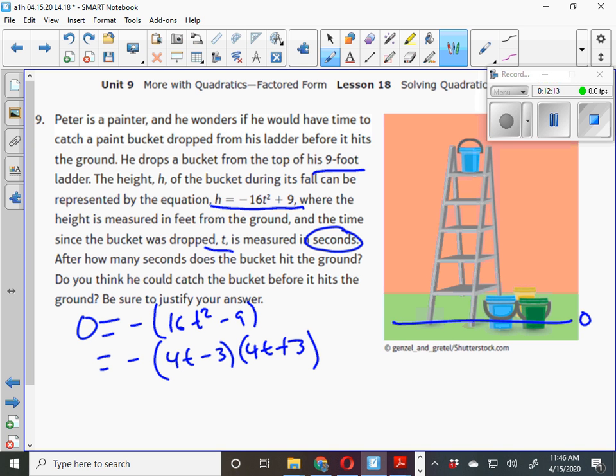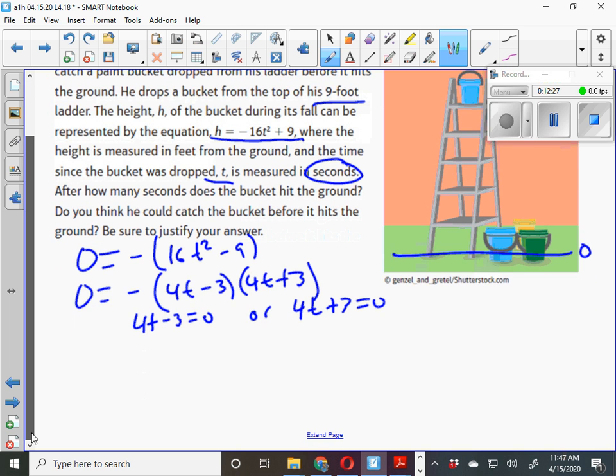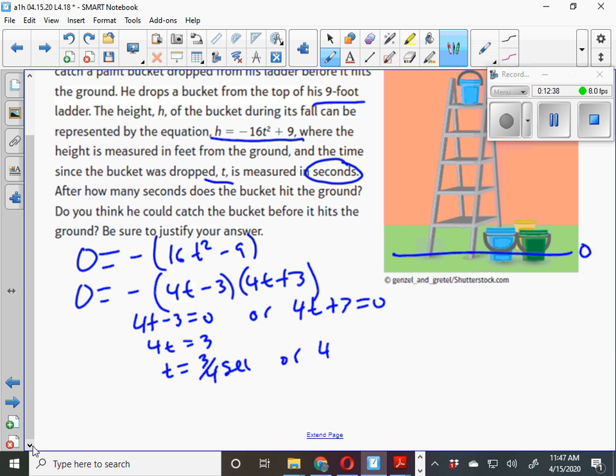And because this is set equal to 0, we now know that either 4t minus 3 is equal to 0 or 4t plus 3 is equal to 0. 4t equals 3, or t equals 3/4 second, or 4t equals negative 3, or t equals negative 3/4 second.